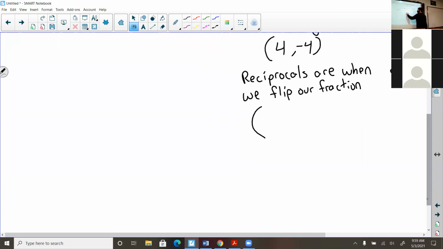For example, if I had 4, its reciprocal would be 1/4. And if we had 1/4, its reciprocal would be 4. So in order to find a perpendicular slope, we have to do both of these. We have to take the opposite and we have to take the reciprocal.